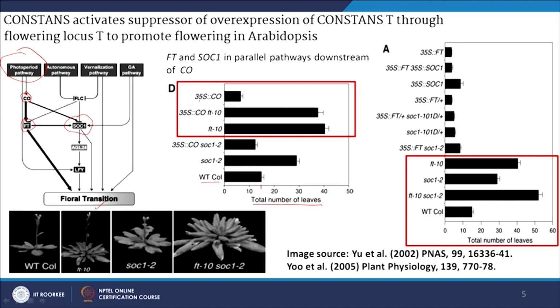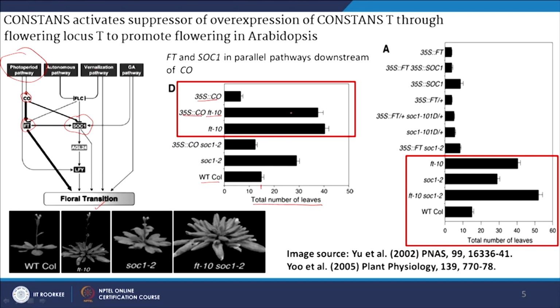But if you overexpress CONSTANS, if you increase the amount of CONSTANS, you can see that there is early flowering. Even fewer than 10 leaves are made, and the plant has already undergone flowering. This tells us that both are activators of flowering. But what happens if you take CONSTANS overexpression in the FT mutant background?